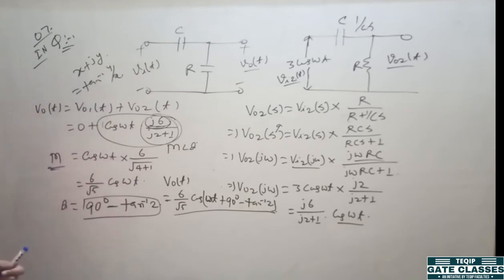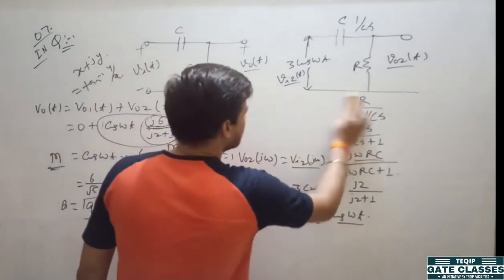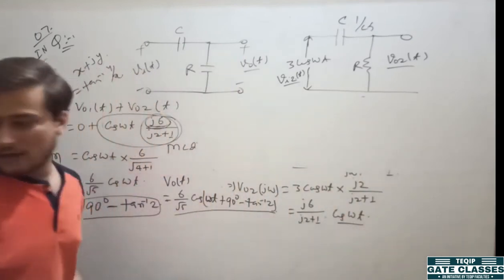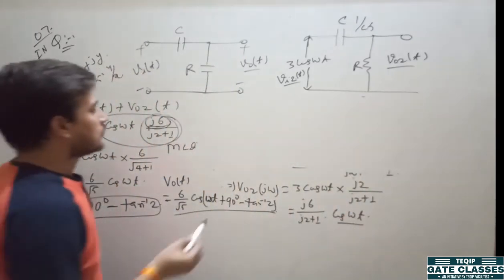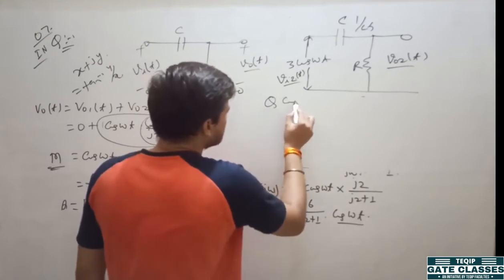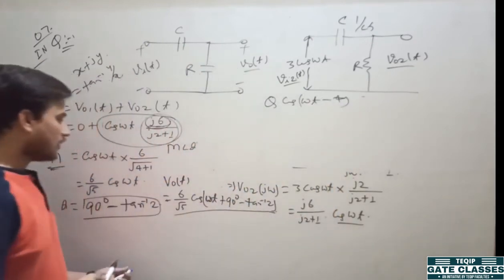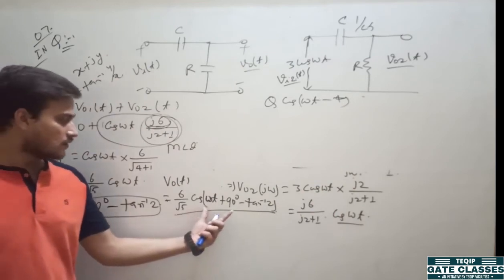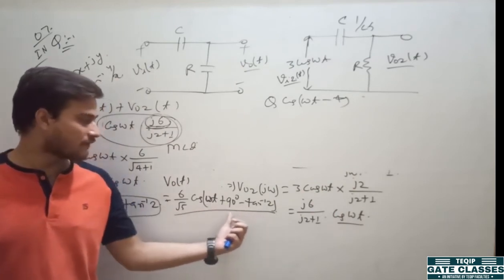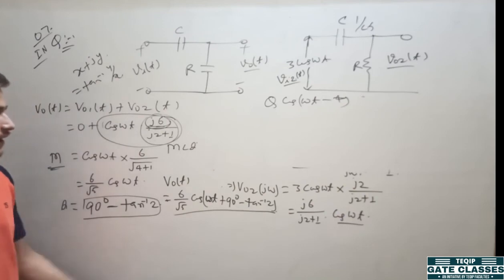Clear? But in the question it was given q cos omega t minus phi, and here what do you see? Here it is q cos omega t plus phi.